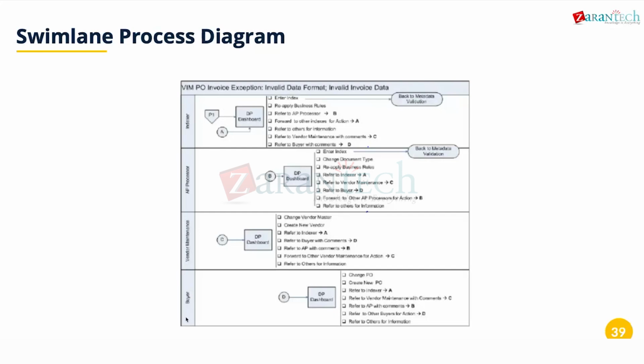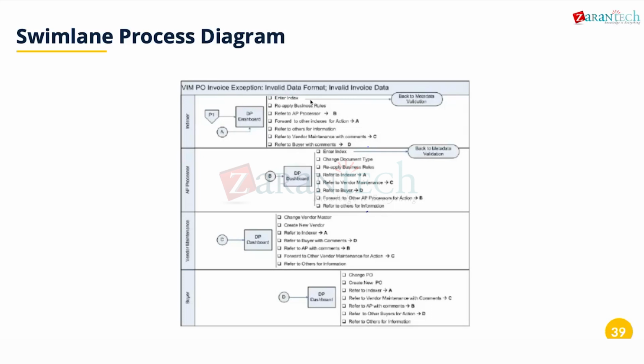Okay, and whenever the exception is raised, which is nothing but P1, they call it, and whenever this invalid invoice data gets triggered, it will automatically come to the default role of indexer. When it comes to the indexer, he will have these process options to click and take the respective action whenever this invalid invoice data has been raised.